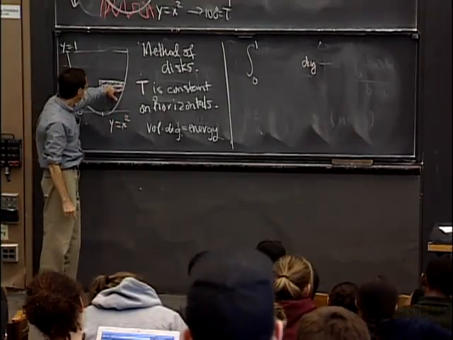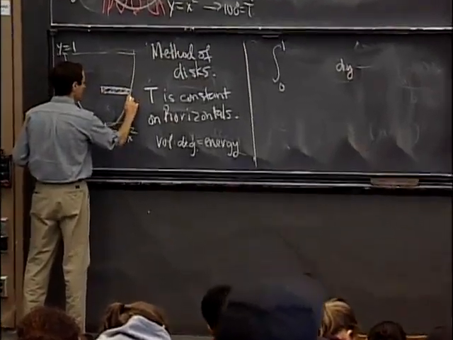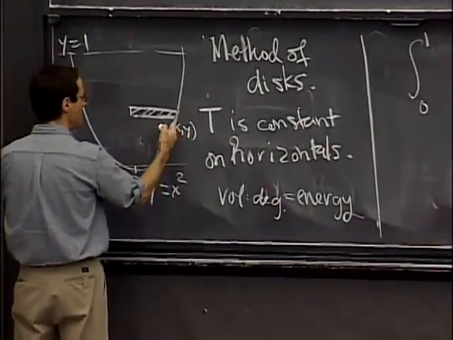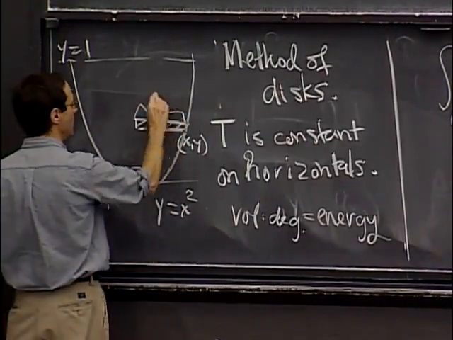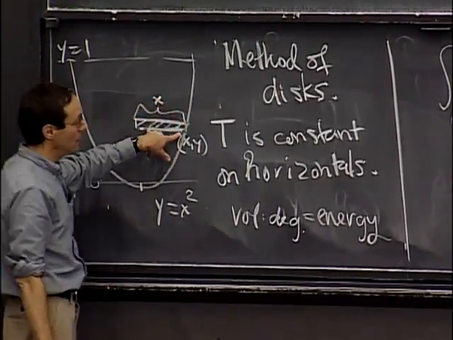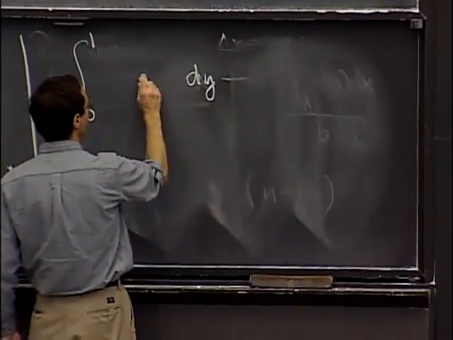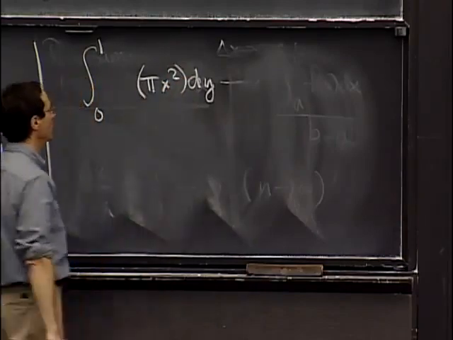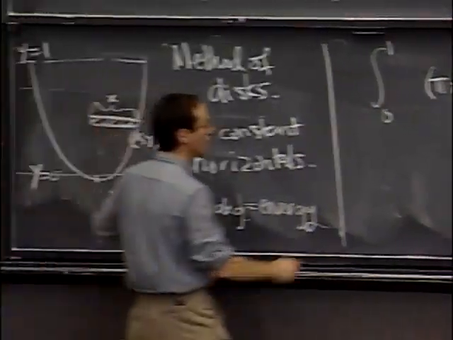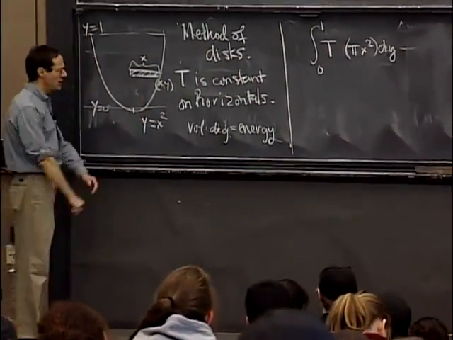And the disk that we get, this is the point x comma y here, is rotated around, and its radius is x. So the thickness is dy, and the area of the disk is pi x squared. And the thing that we're averaging is T. Well, we're not yet averaging, we're just integrating it.